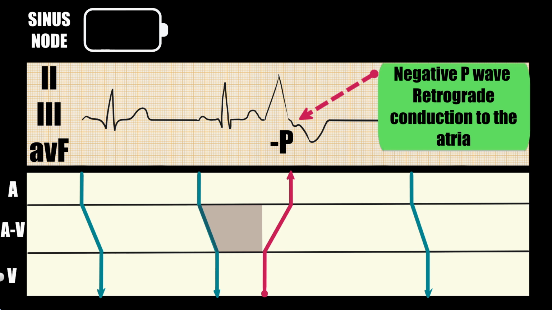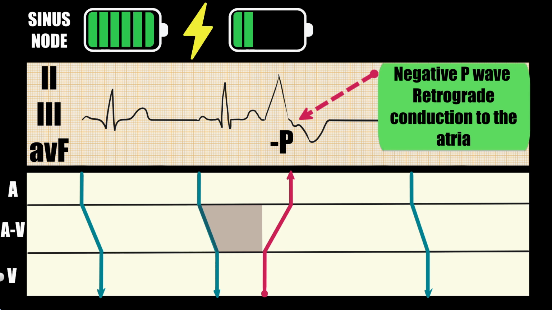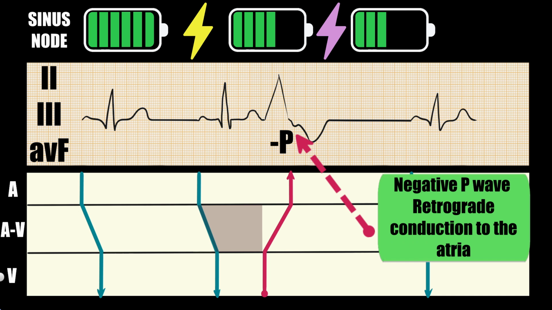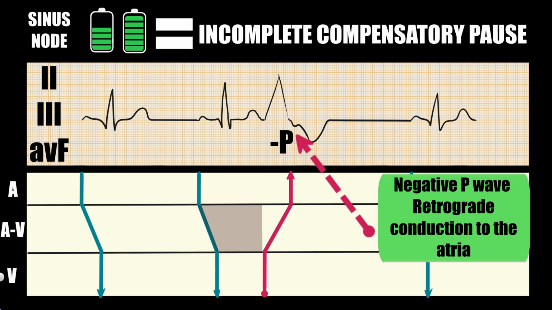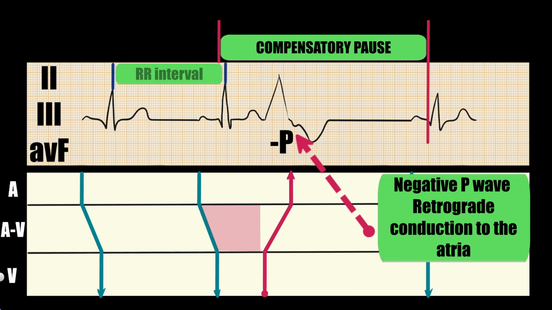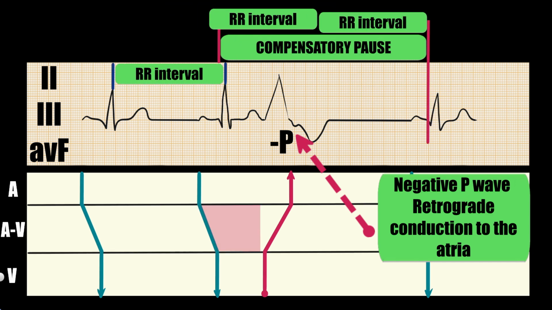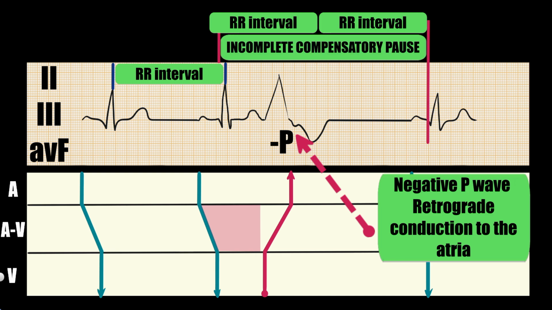In this situation, the PVC impulse reaches the sinus node just during the preparation of the next impulse and discharges it before it is fully charged. So the sinus node must start preparing the next impulse from the bottom. Thus in this case, the compensatory pause is equal to one full charging and one interrupted. Therefore, it is less than 2 normal RR intervals and is called incomplete.